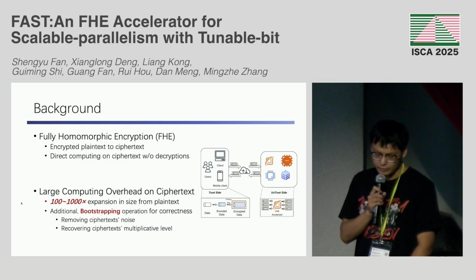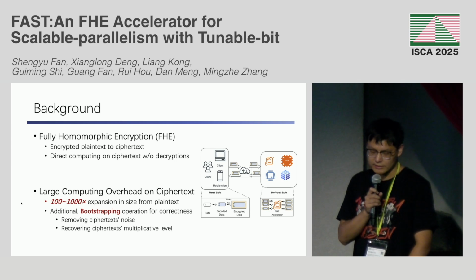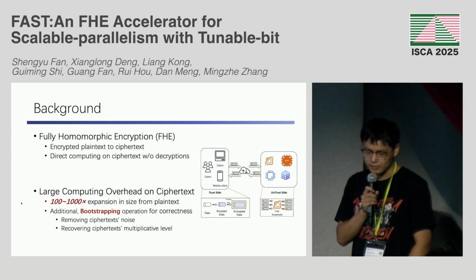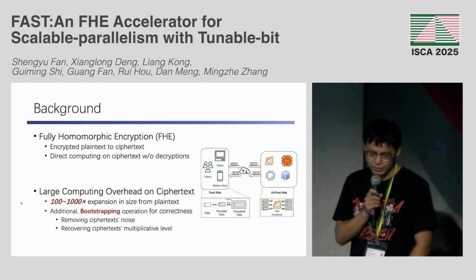First, compared to plaintext, ciphertext can be thousands of times larger in terms of both storage and computation. Second, to ensure that the ciphertext remains decryptable after computation, FHE systems require additional complex operations such as bootstrapping, which is used to reduce the accumulated noise during computation.